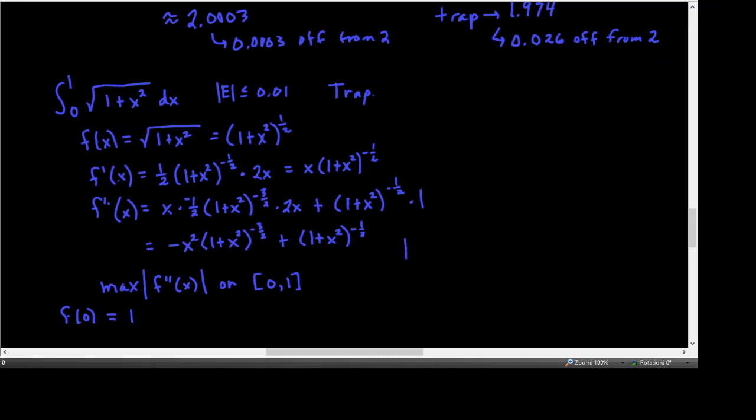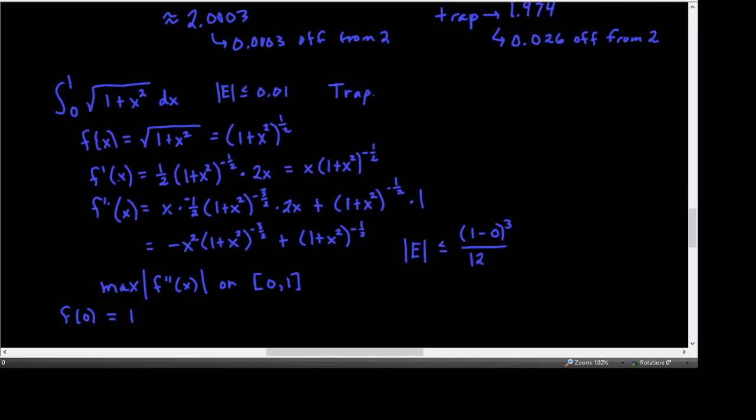So the error, which is, according to the formula, going to be less than or equal to b, which is 1, minus a, which is 0, quantity cubed, divided by 12n squared.